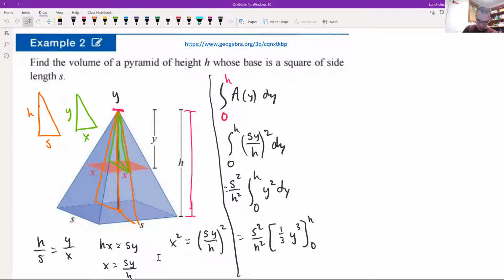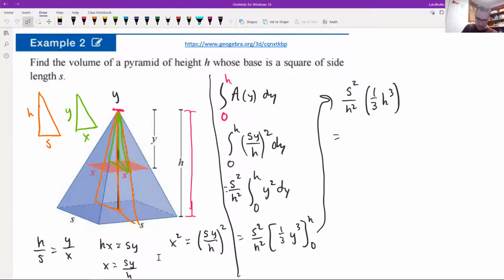So then bring it up here, and we're substituting in h everywhere where we see y. So s squared over h squared times 1/3 h cubed, and then minus the 0 again.